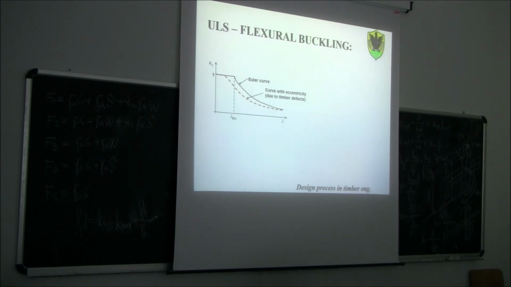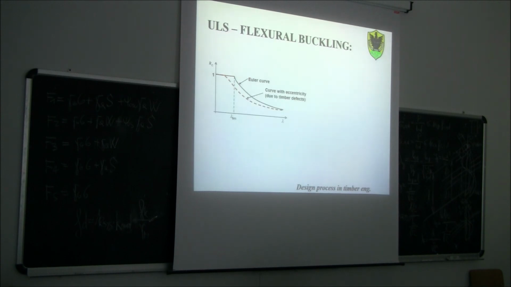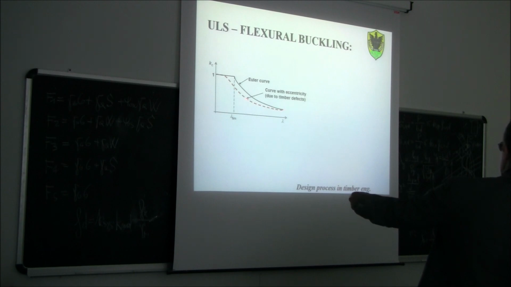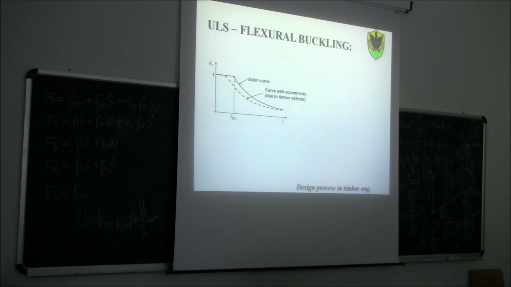Now let's try to close this topic and to finish this lecture. This comes from the theory that you already studied in structural mechanics. So this is the Euler curve, and you see this red dashed curve is slightly different because it takes into account that in reality we don't have a perfect column, but we have a column with defects, initial curvature, some eccentricity, and so on.